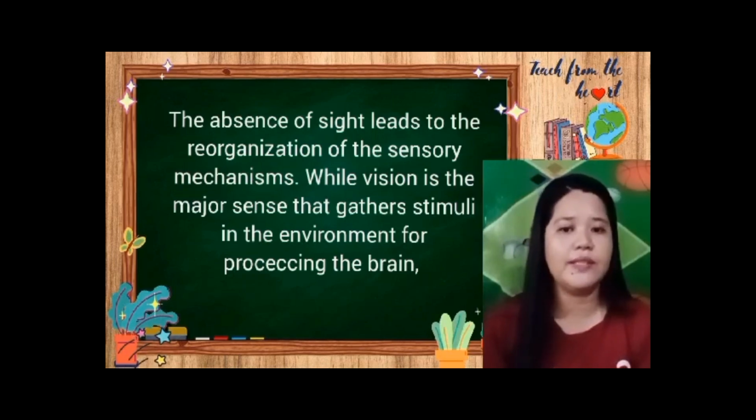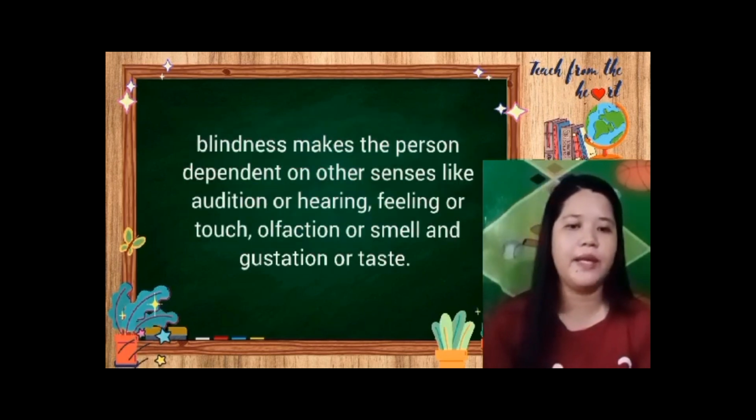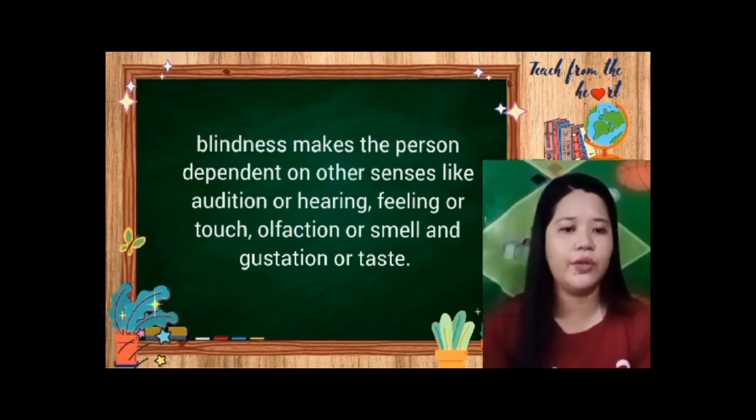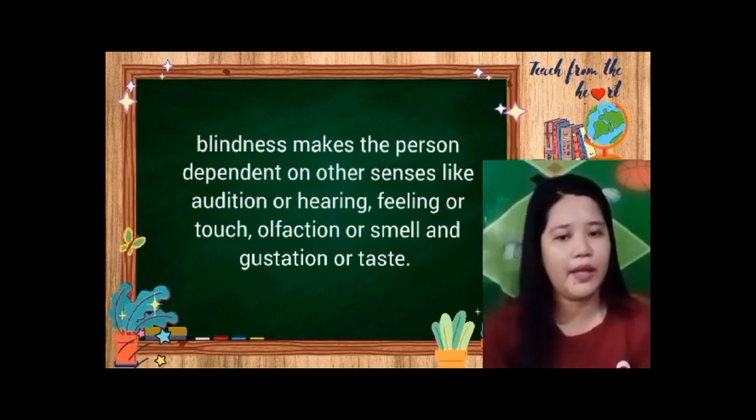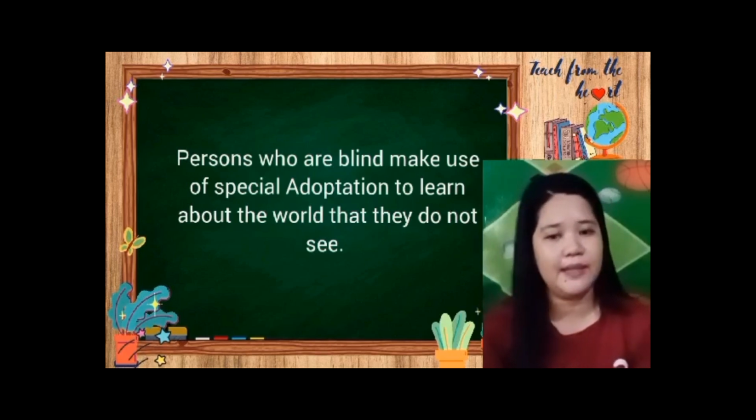While vision is the major sense that gathers stimuli in the environment for processing by the brain, blindness makes the person dependent on the other senses like audition or hearing, feeling or touch, olfaction or smell, and gustation or taste. Persons who are blind make use of special adaptations to learn about the world that they do not see.